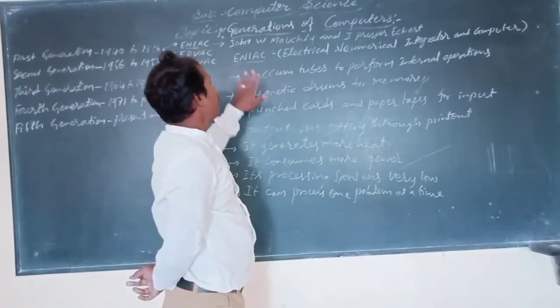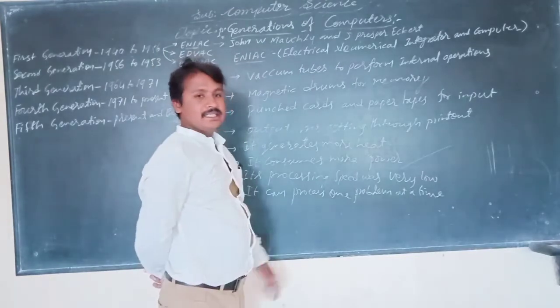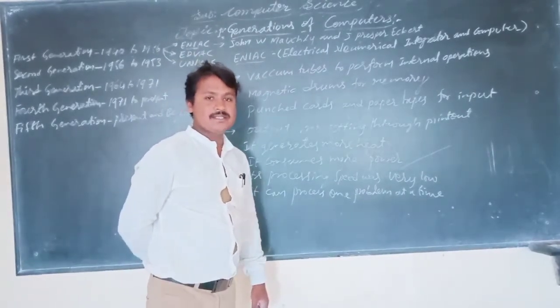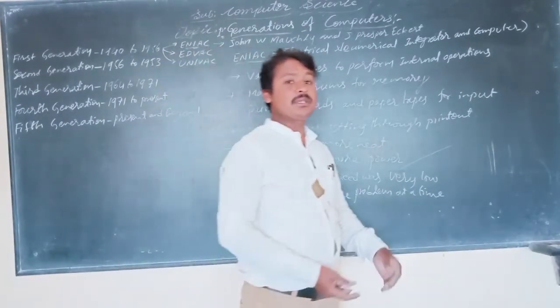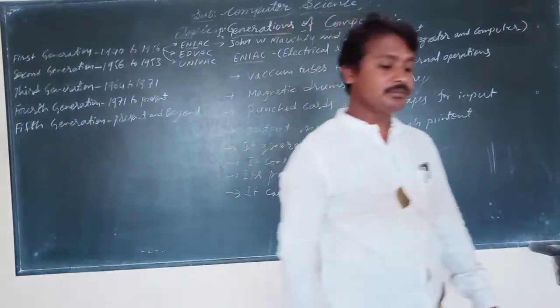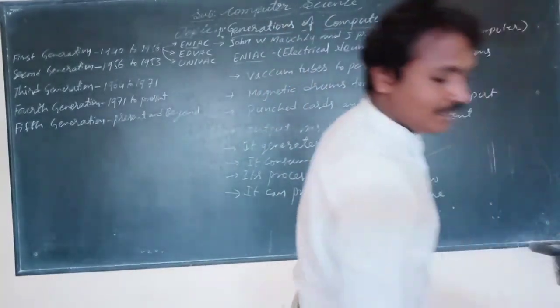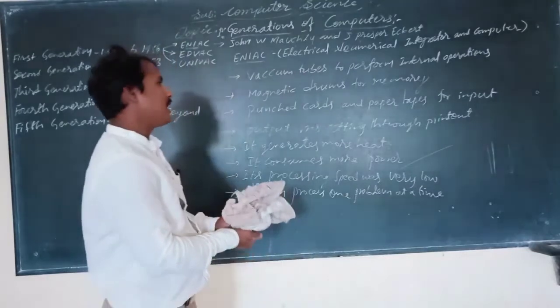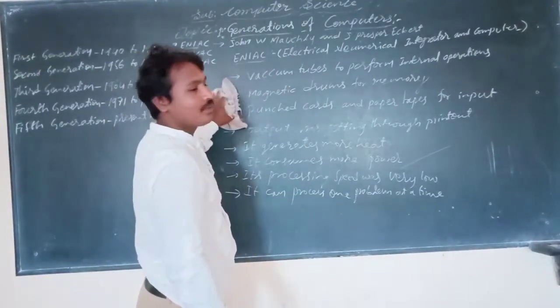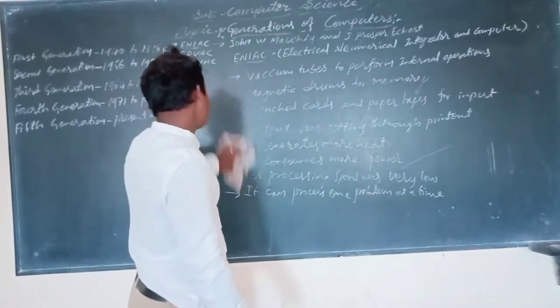This ENIAC computer is a giant, huge computer. Already I said vacuum tubes are used to perform internal operations.